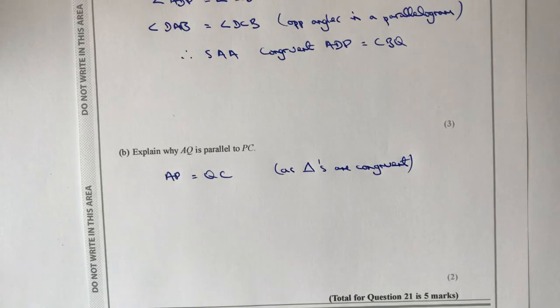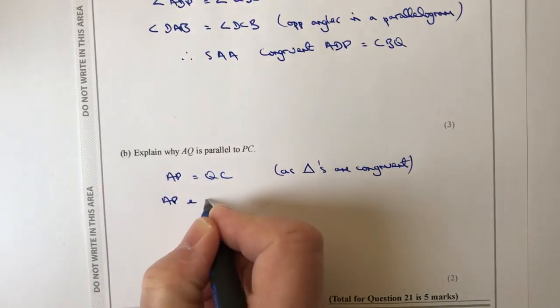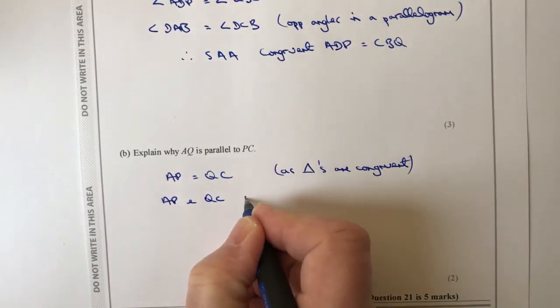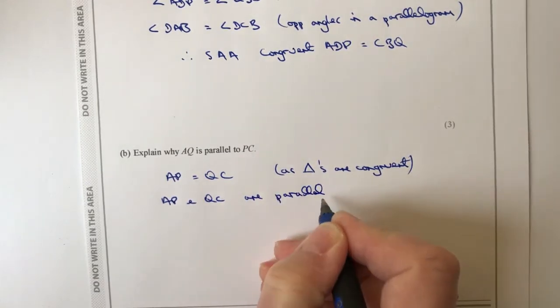Okay, the next little bit is we can say that AP and QC are parallel to each other, because if we look on the diagram itself, AP and QC are both parallel lines, and it clearly says that on the diagram. So we can state that AP and QC are parallel to each other.